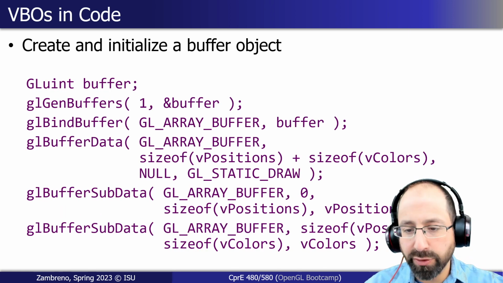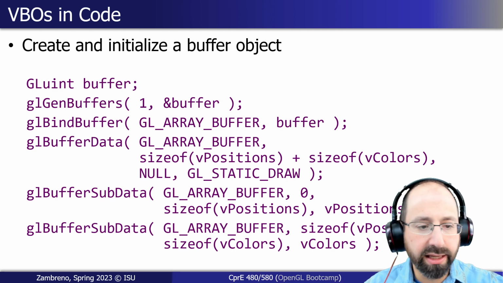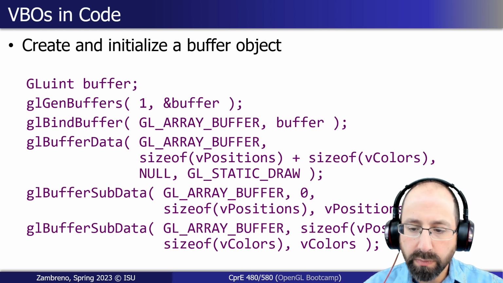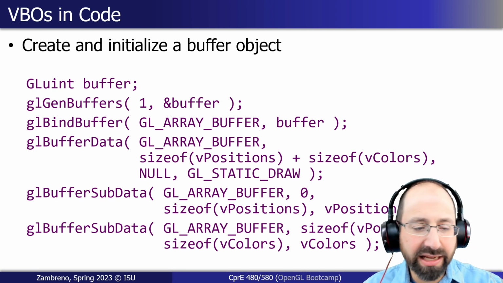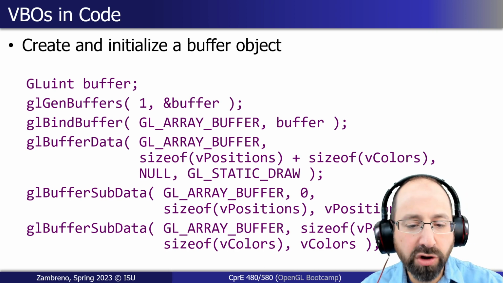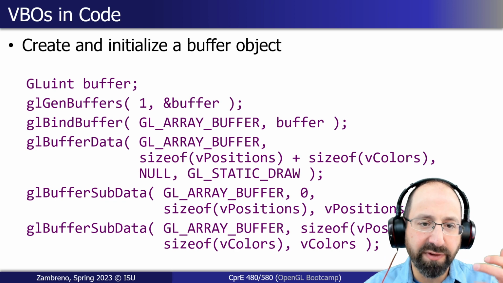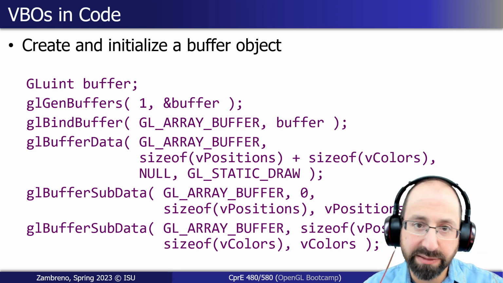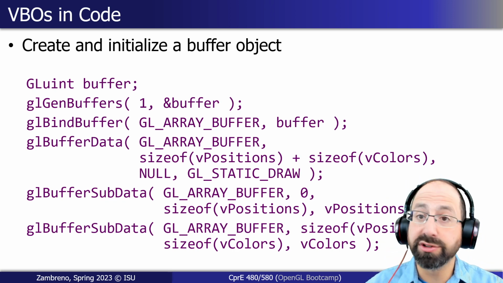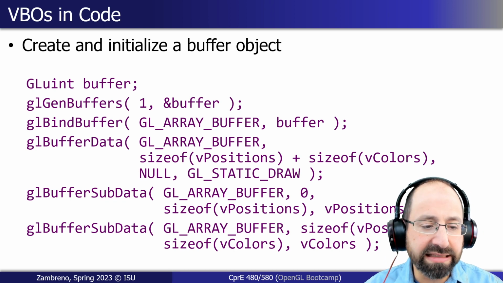This is a high level view of what that sequence of calls would look like. You generate a buffer, you make the buffer active, you copy data over into it. These are two different ways of copying things over. You can think of it kind of like a GPU malloc type of call. The main difference is the underlying implementation is not really specified that clearly. It's up to us as both the driver and the hardware implementers to determine how that copy is happening.